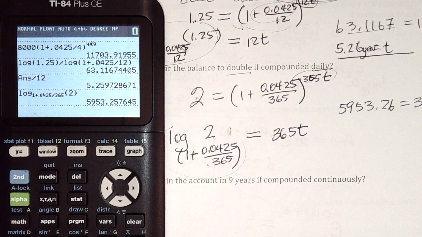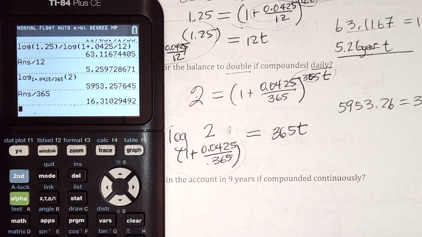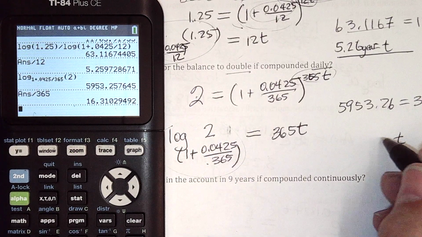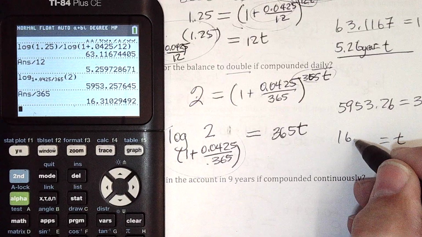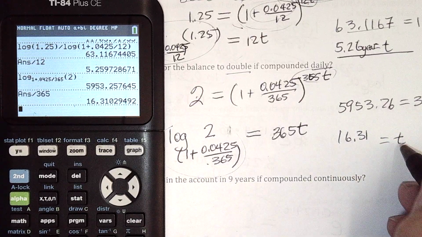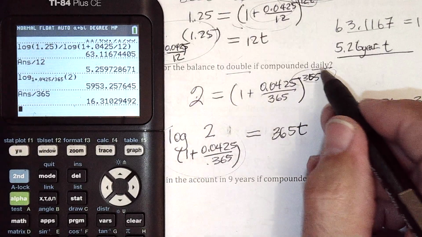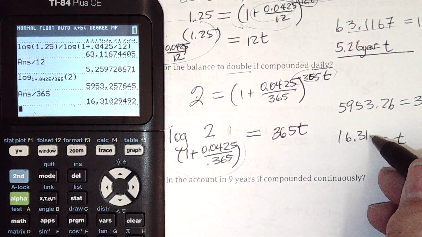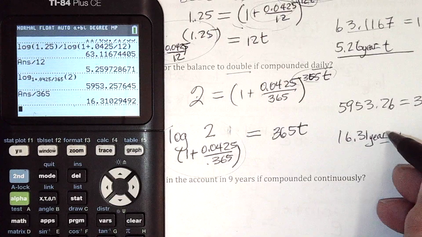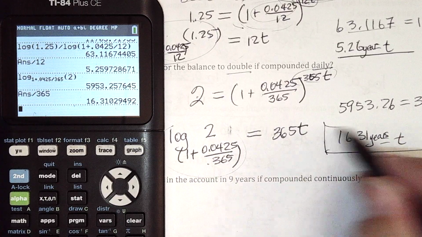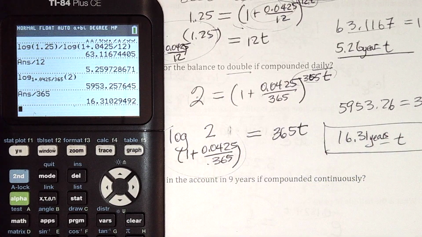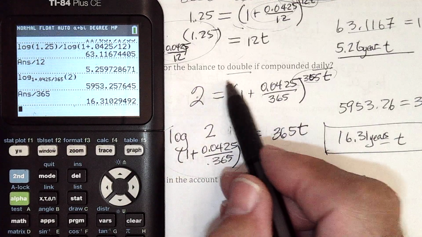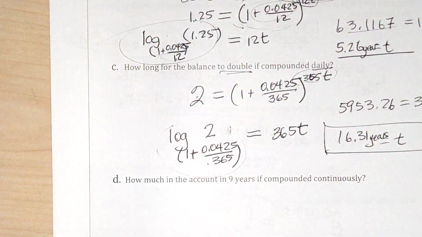So I'm going to divide by 365, and I get t is equal to 16.31. This is the time, and we're doing it in years. So it'll take 16.31 years to double the amount of money.